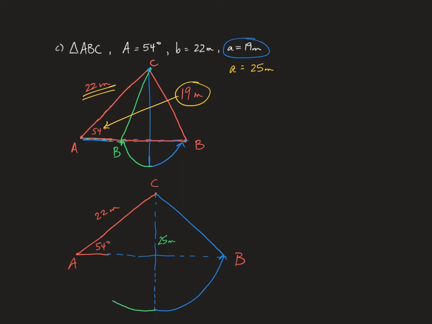Notice that that side length of 25 is longer than the other given side. And since it's longer than the other given side, there would actually be a point where I could lay it directly on top of side B, and I still haven't got the bottom of it up to the bottom of angle A.